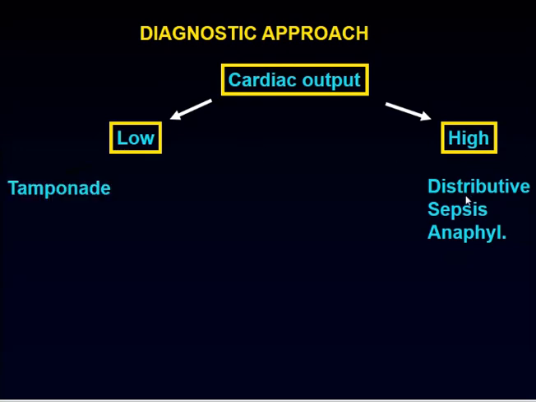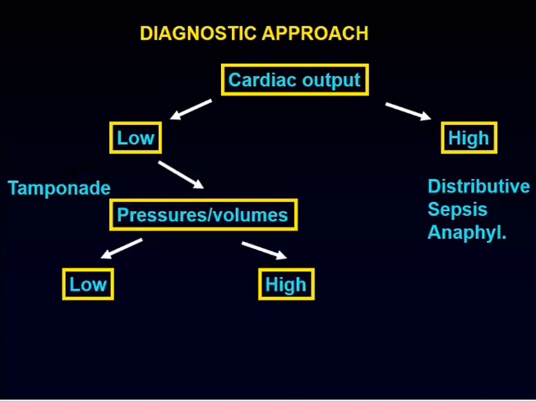When it is low, then we have to identify tamponade, or we look at pressure and volumes using several types of monitoring. When these are low, it is hypovolemic. When these are high, it is either obstructive or cardiogenic. So this is a very easy way to approach our patient, and that indeed will help us to identify exactly the type of shock in these conditions.